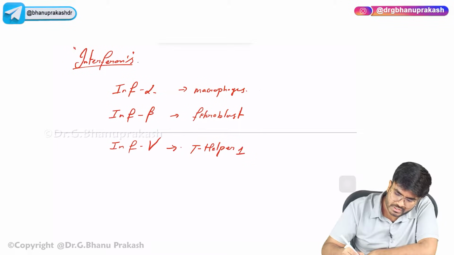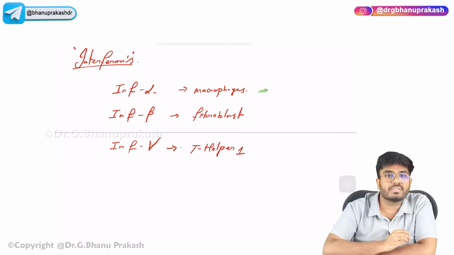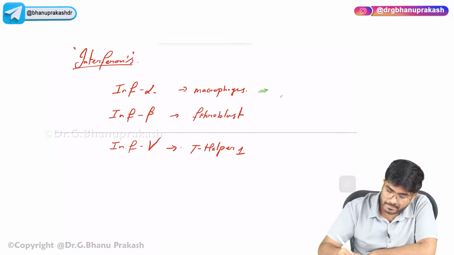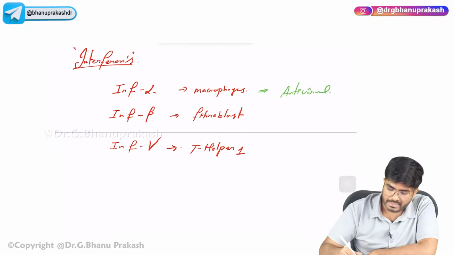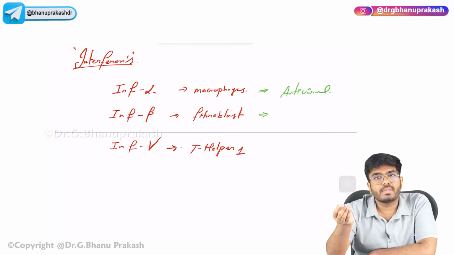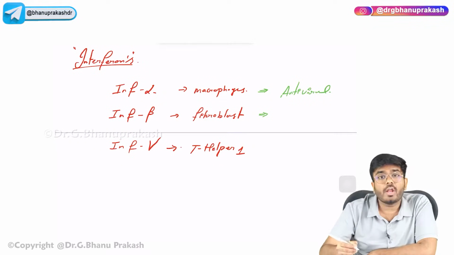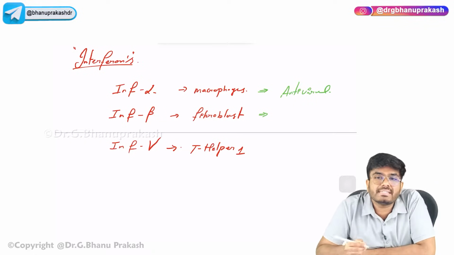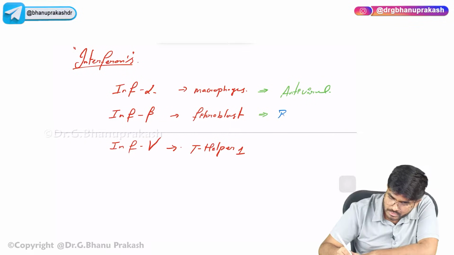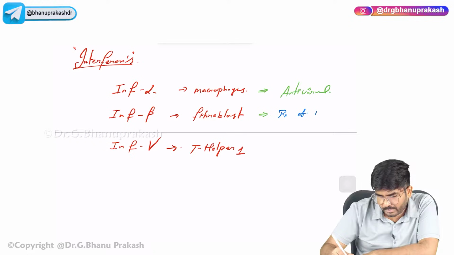What is the function of interferon alpha, which is coming from the macrophages? Interferon alpha is antiviral. Interferon beta, which is coming from the fibroblast, helps in fibrosis, but not only that, it is used in the treatment of certain diseases, especially multiple sclerosis.